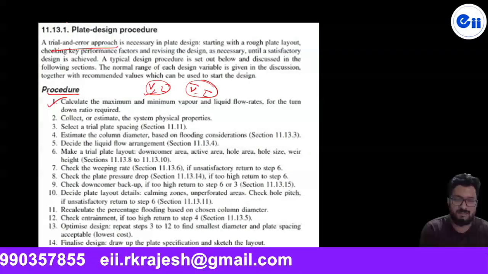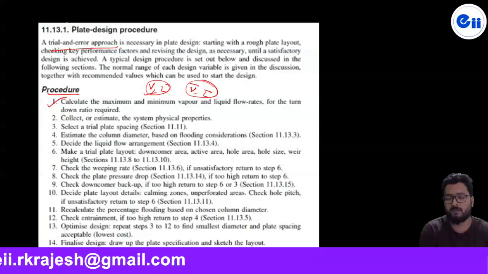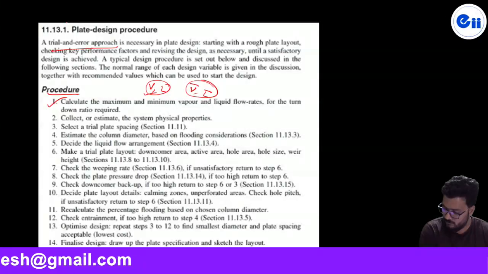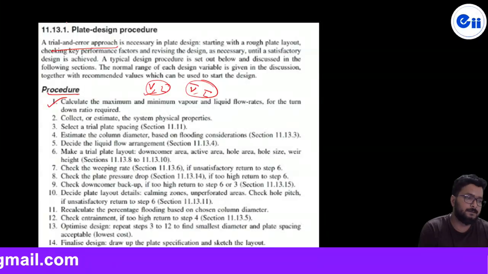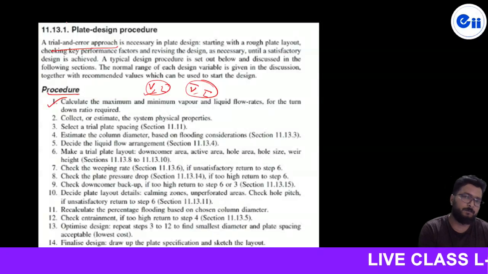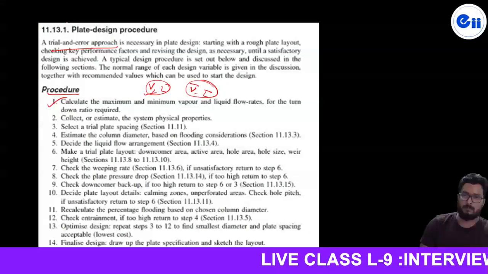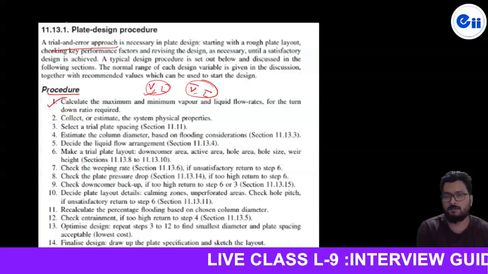Okay, the reason is that at the top temperature is low and at the bottom temperature is high. And as far as pressure is concerned, if the column is going to operate at a very high pressure, or suppose atmospheric pressure, then atmospheric pressure is at the top actually, but at the bottom of the column the pressure is not atmospheric.